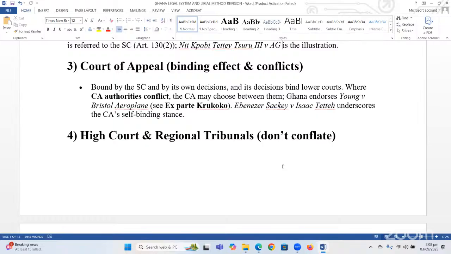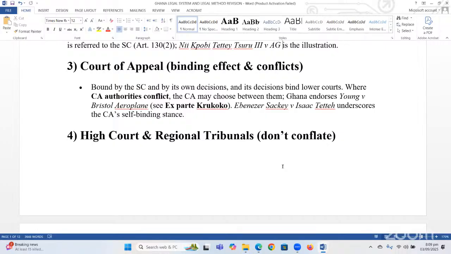So if you look at the Supreme Court, as you notice, in terms of Article 129(2), that the Supreme Court shall not be bound to follow the decisions of any other court. And then 3, the Supreme Court may, while treating its own previous decision as normally binding, depart from the previous decision when it appears right to do so, and no other court shall be bound to follow the decision of the Supreme Court on questions of law.